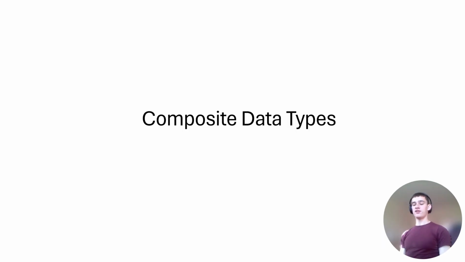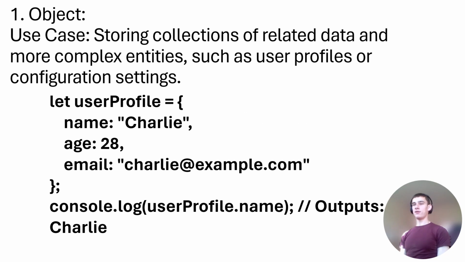Then we have composite data types. So we have an object. Use case: storing collections of related data and more complex entities such as user profiles or configuration settings. So the example we have here is a user profile, and the user profile is going to have collections of related data such as the name, age, and email, which is Charlie, his age is 28, his email is charlie@example.com.